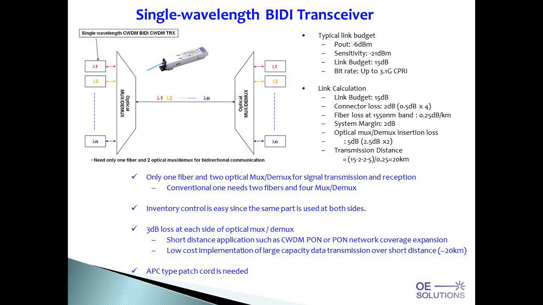there are many advantages. The first one, as I mentioned before, is inventory control. It is easy, and since the same part is used for both ends, you can cut down the number of parts that a service provider has to keep in stock.